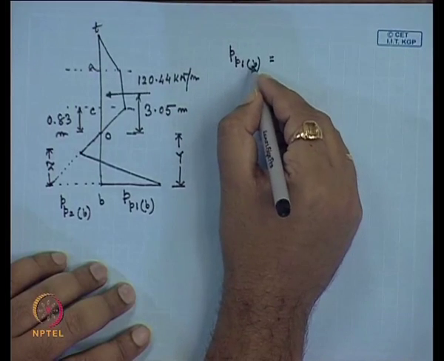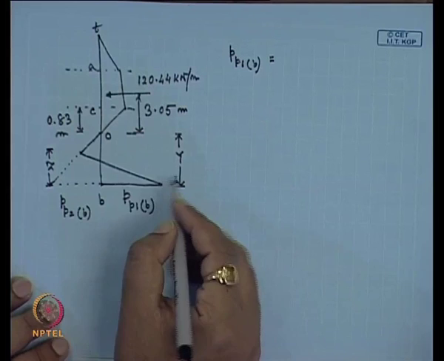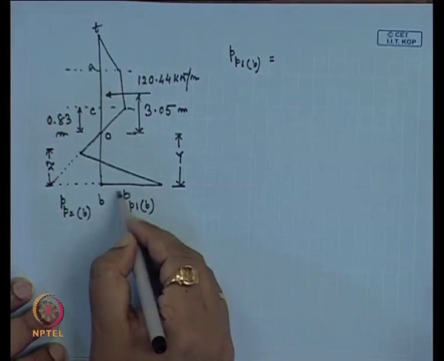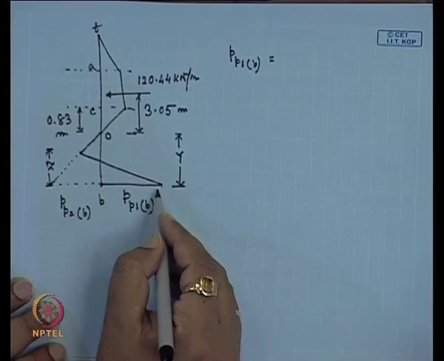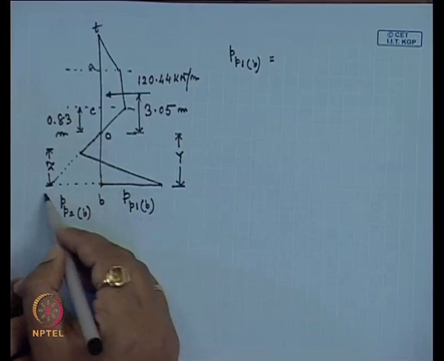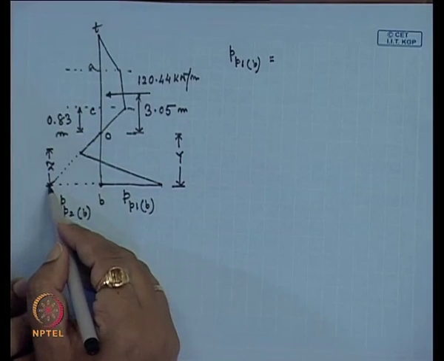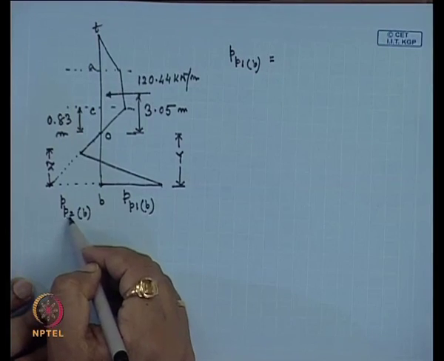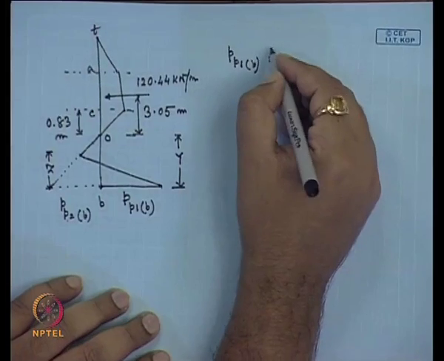This P P 1 B is the net pressure acting due to the passive and active pressures on the right-hand side of the sheet pile, and this is the pressure at the base acting on the left side of the sheet pile, that is P 2 B. P P 1 B was already derived in the last class.